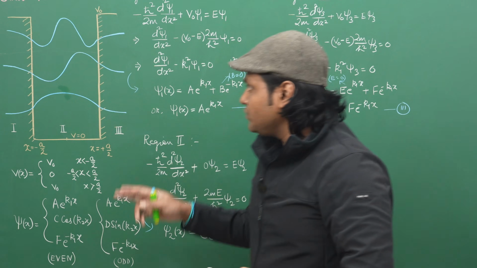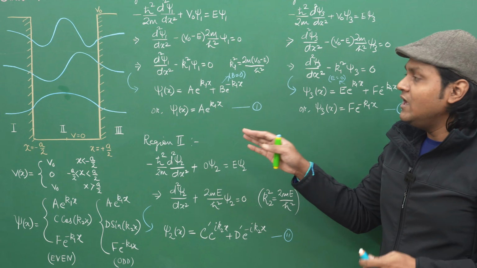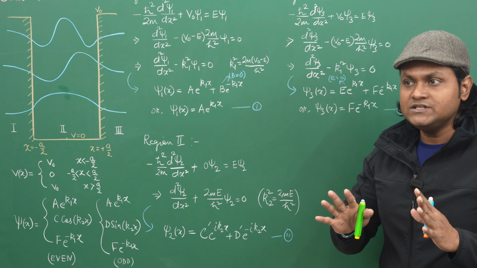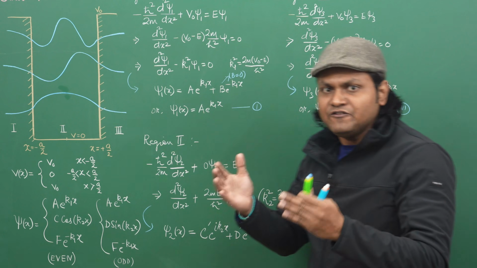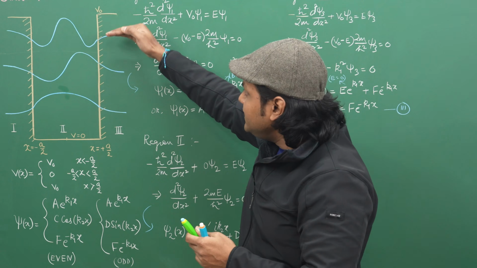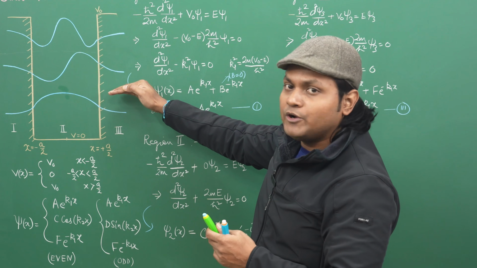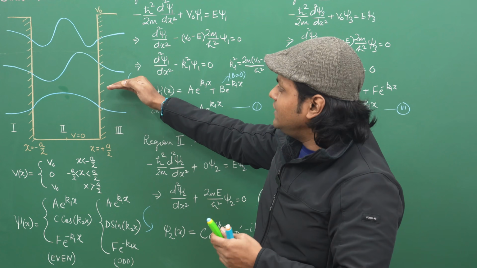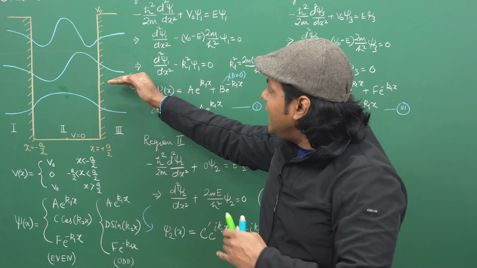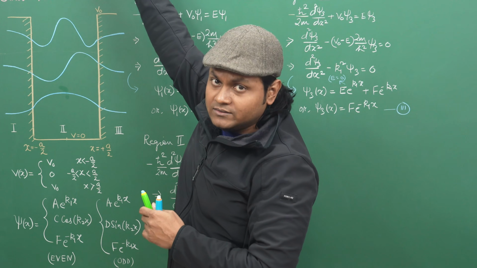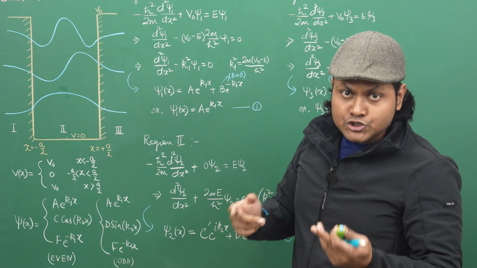The question here is, in the finite potential well, how many of the energy levels would exist? Because it is kind of clear that if I decrease the potential depth, then the number of energy levels should decrease, and if I increase the potential depth, then the number of energy levels should increase.